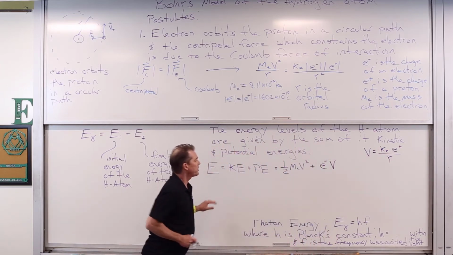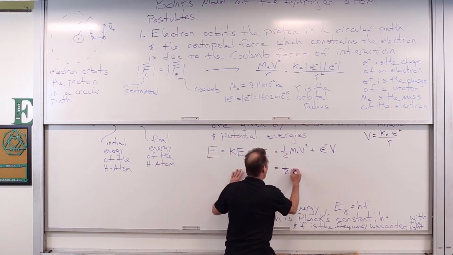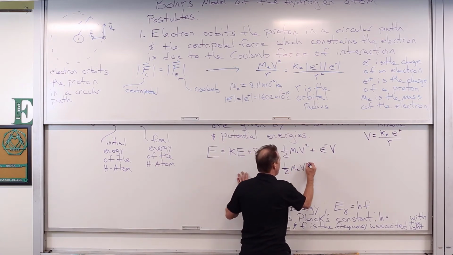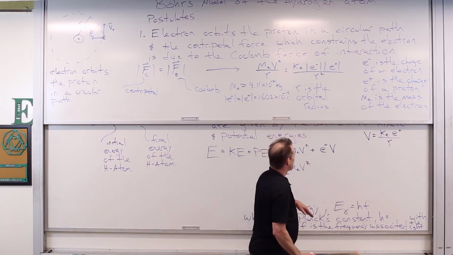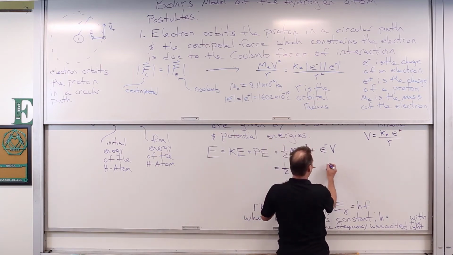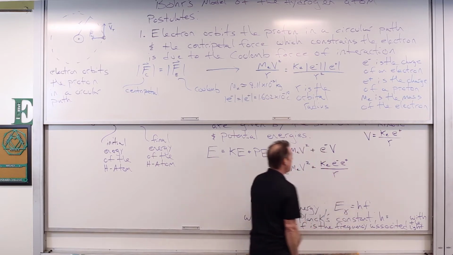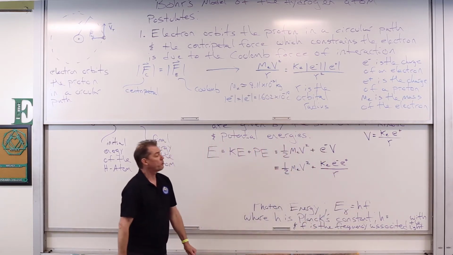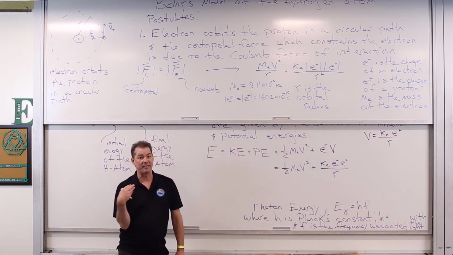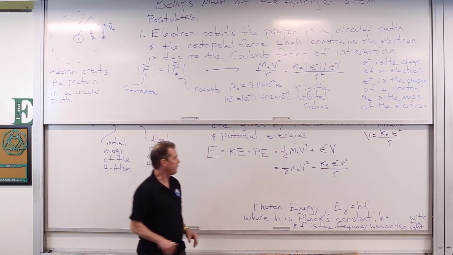But what can we do with this? Well, we can rewrite this slightly as one half m sub e v squared plus k sub e, e minus, e plus, divided by r. Or we can group those two e's together, pull out the negative sign, and call it e squared.